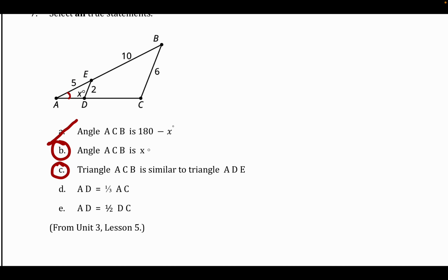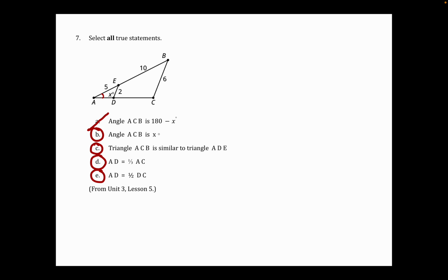So D is also correct, so B, C, and D. And then let's look at E. Is AD 1/2 of DC? That will be true because AE is 1/2 of EB. It's really just cut into thirds, and so it's going to be cut into thirds down here as well. So just A is not going to be true here. B, C, D, and E for these ones.